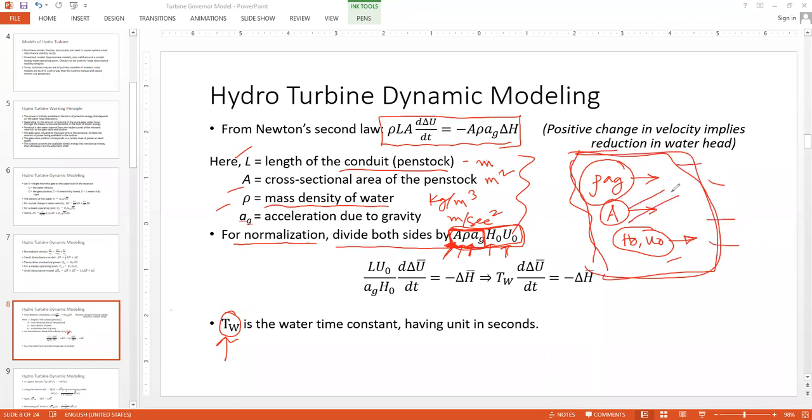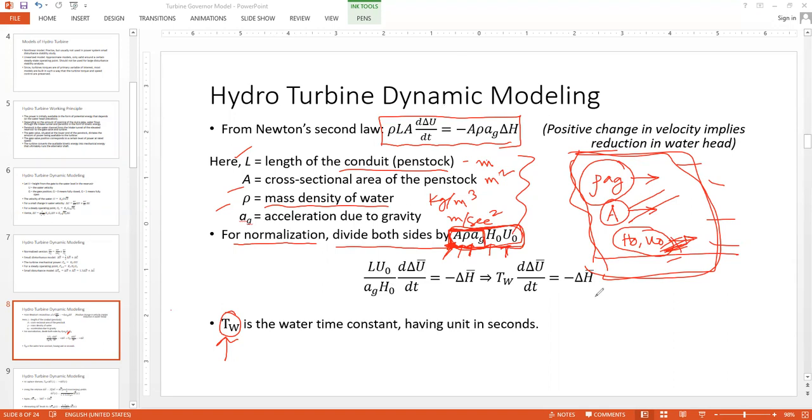That means your penstock is built, you have fixed a certain operating point, so all of these become constant, and you divide on both sides by this big multiplicative term. So what are you left with?